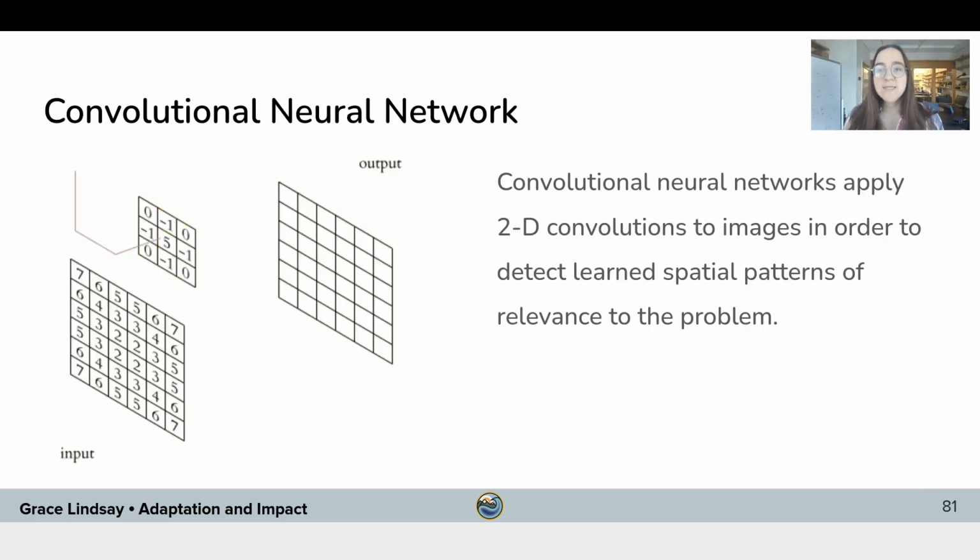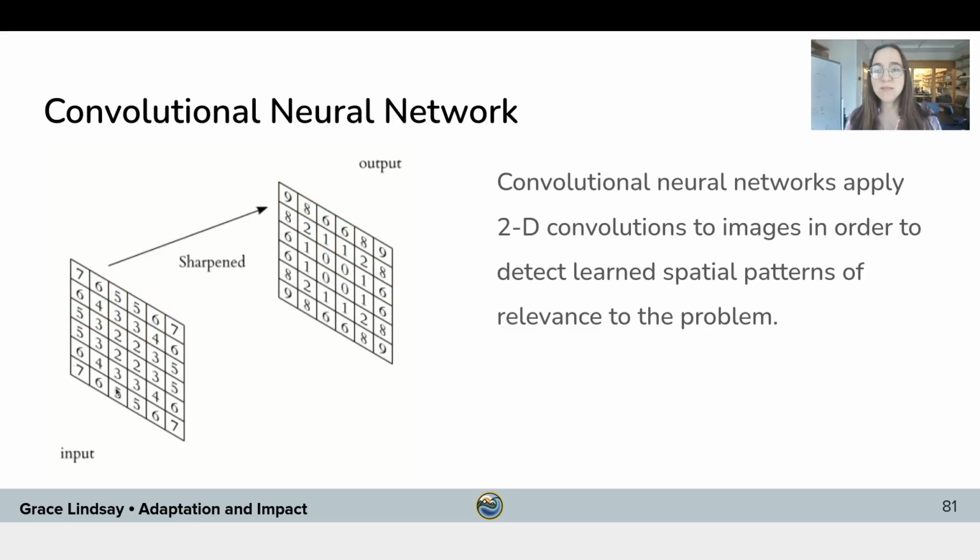So the core idea of a convolutional neural network is that instead of just letting any of the inputs connect to any of the hidden layers, there's a constraint where each output neuron only gets input from a subset of the input values, and you can see here that they're applying this same filter of weights to each location in the input image.